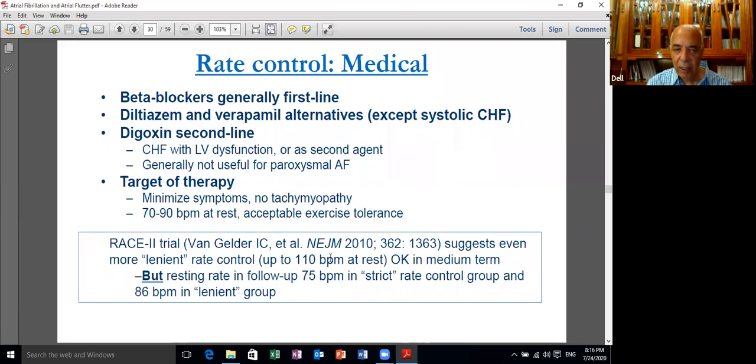But if you look at the details of the study, the patients who had been randomized to lenient control actually had a heart rate of 86 per minute. So as a result of that, the results of the RACE-2 trial were not implemented in the guidelines.